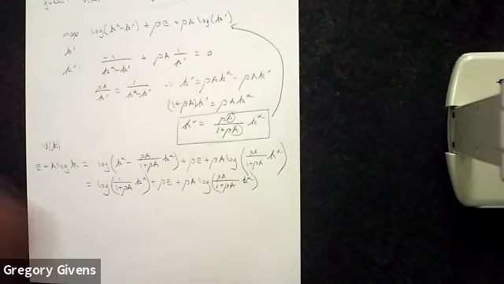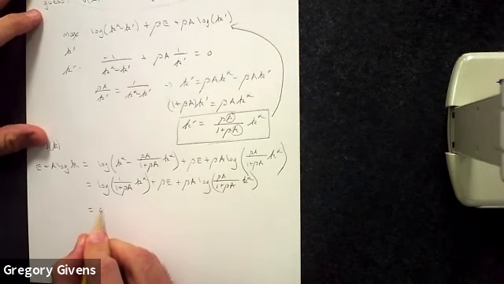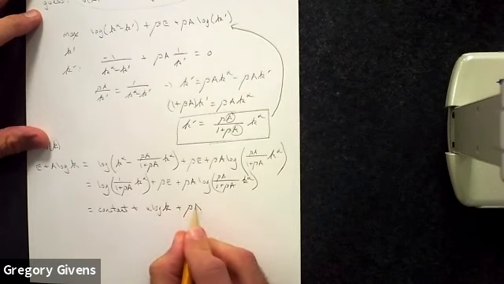Now the log of products can be separated, right? And so what are you going to get? You're going to get a constant, which I don't care to write, plus an alpha log k plus beta a alpha log k, right?